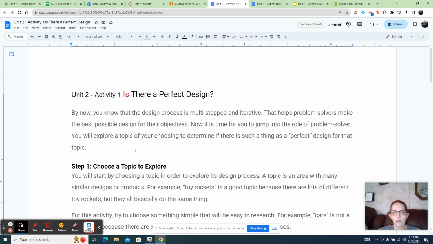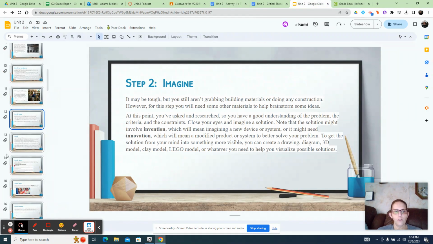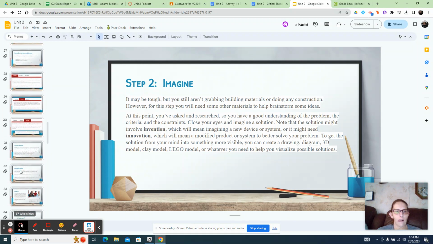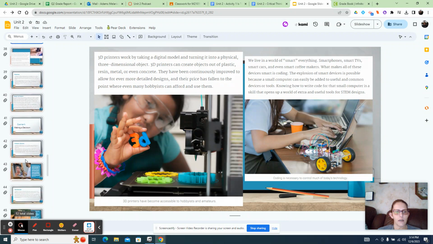Any product, you're going to choose a topic in order to explore the design process. For example, the Toy Rockets product in the slideshow was an example. If you don't know what I'm talking about, you can go to the Toy Rockets section in the slideshow.